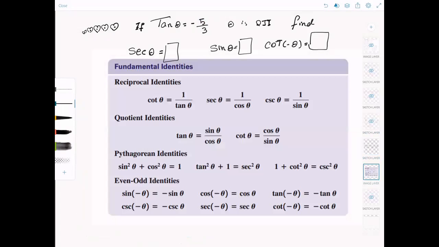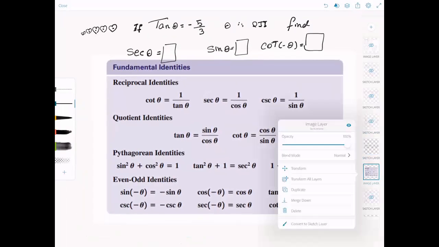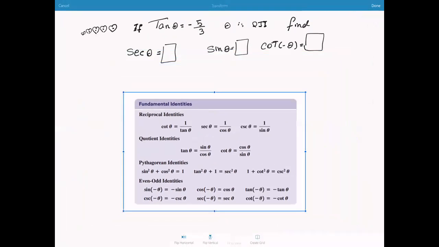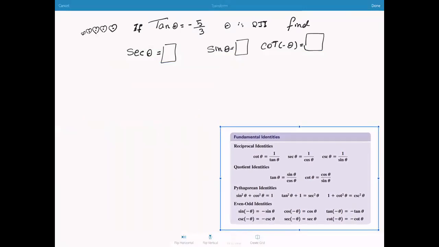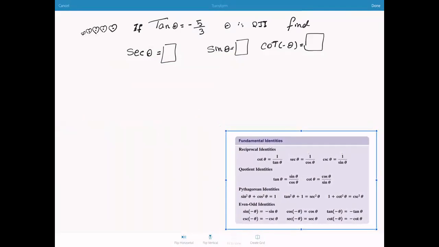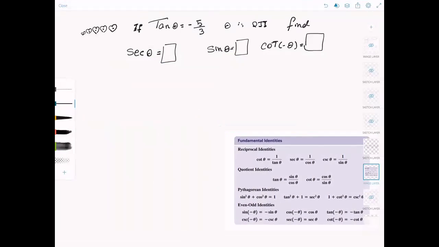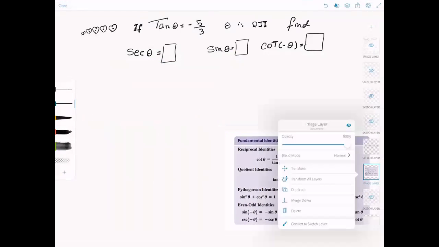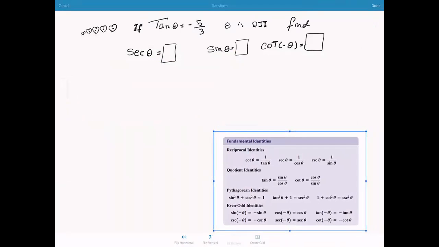Can I shrink this? Transform. This Adobe is amazing. Have you guys used Adobe Lightroom?